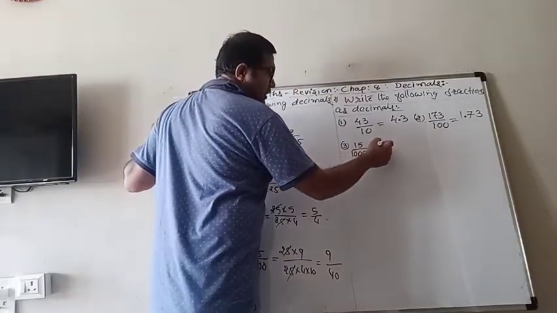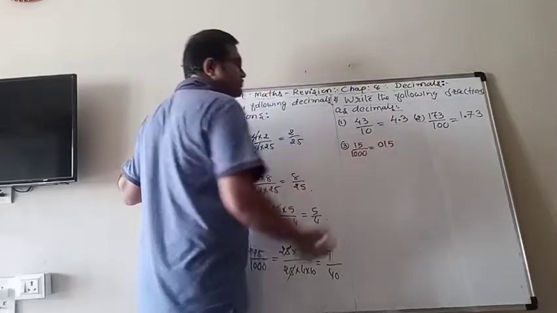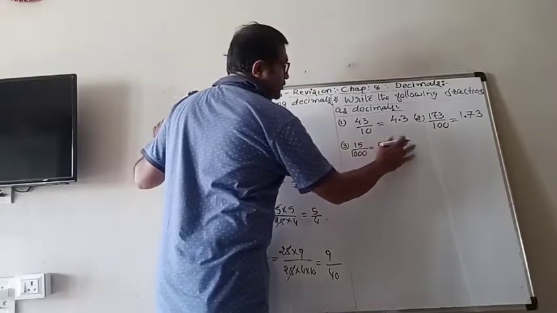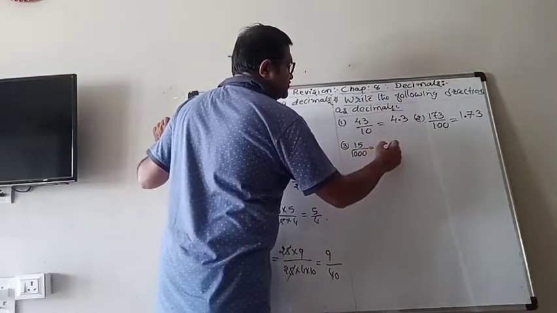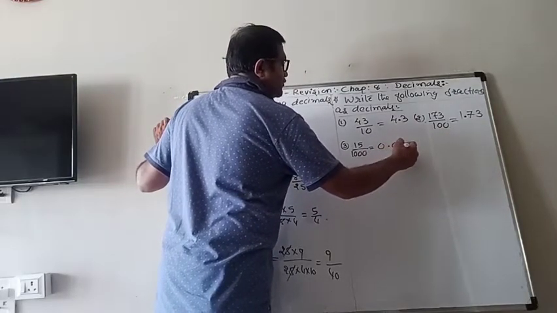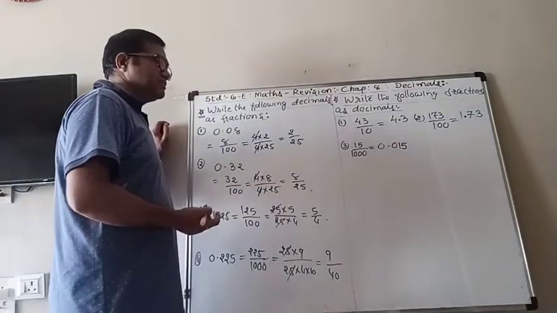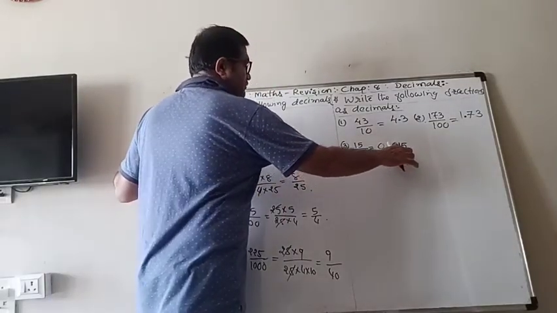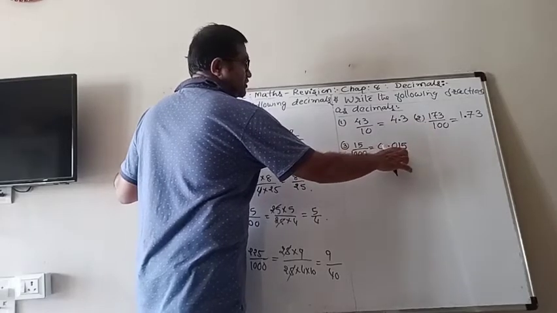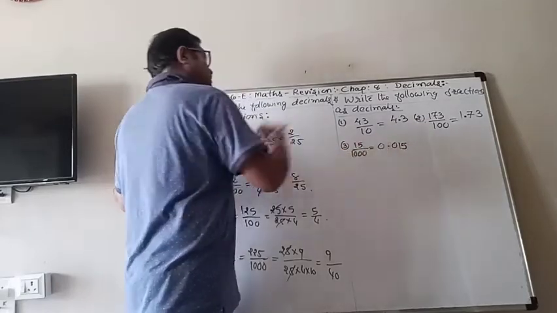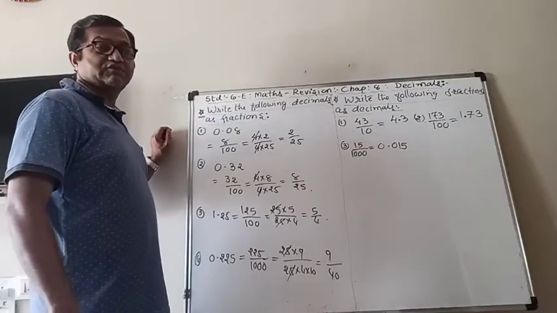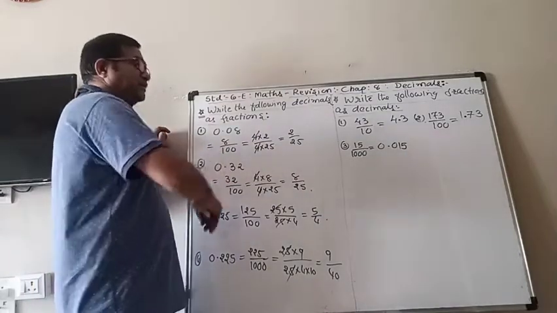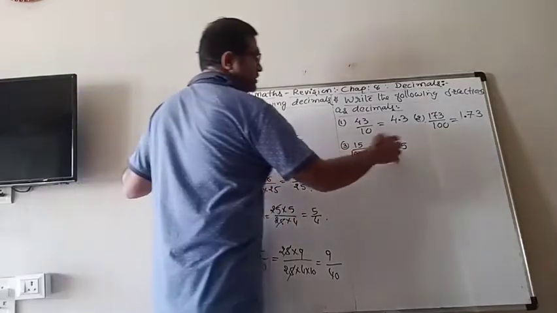So the remaining place will be filled by putting 0, so your answer will be 0.015, because we need three decimal places. We have only 1 and 5, two digits, so we need 1, 2 and 3. So on the left side we need to put one extra 0, and before that we will put the decimal point.